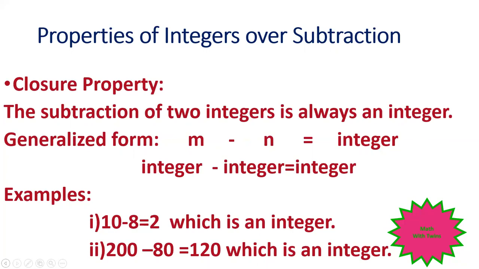Let's go through examples. Difference of 10 and 8 gives us 2, which is an integer. Difference of 200 and 80 gives us 120, which is an integer, which says closure property holds good for subtraction.